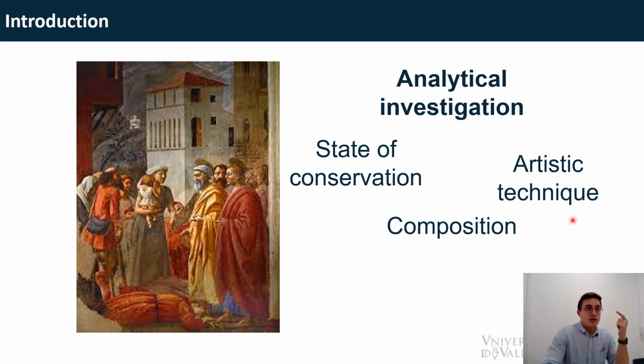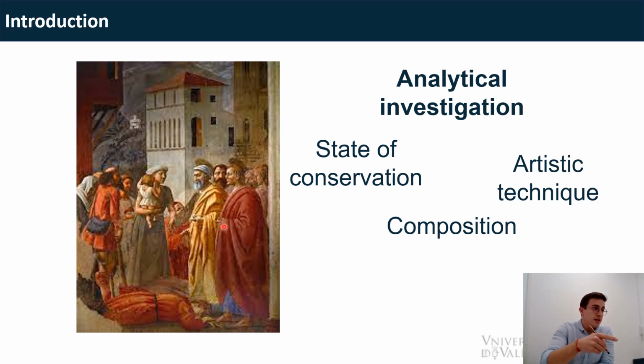Then there is also the artistic technique. If, for example, we are talking about a picture, we can gather information through analytical investigations regarding how the artist actually painted the picture itself, right?